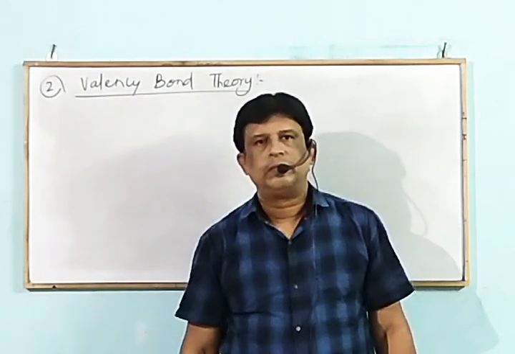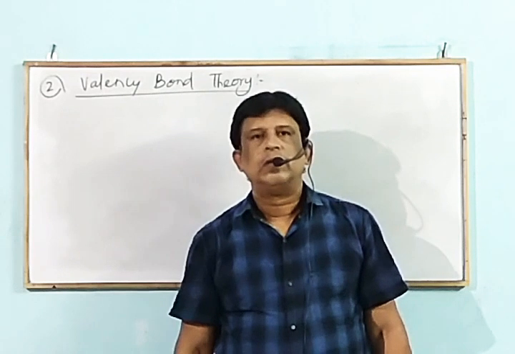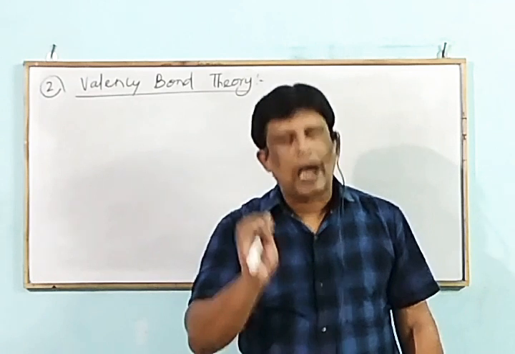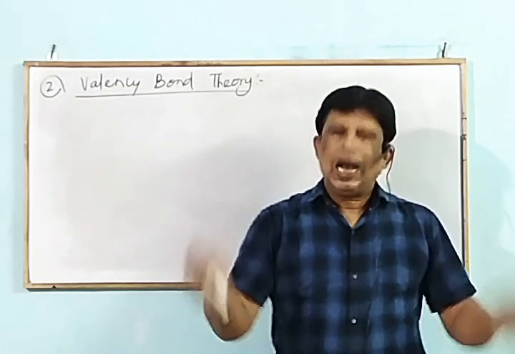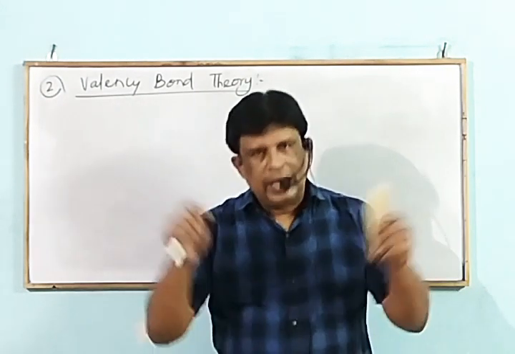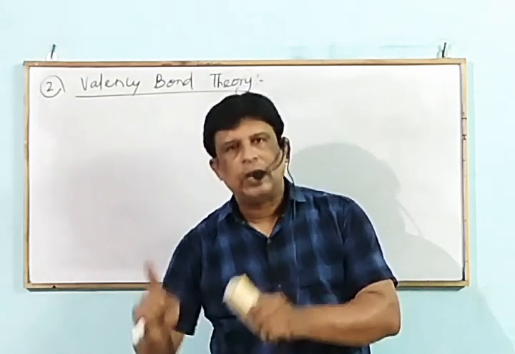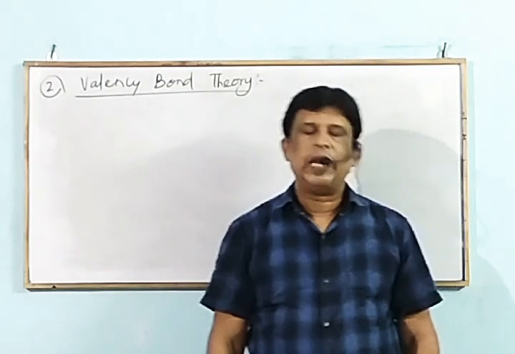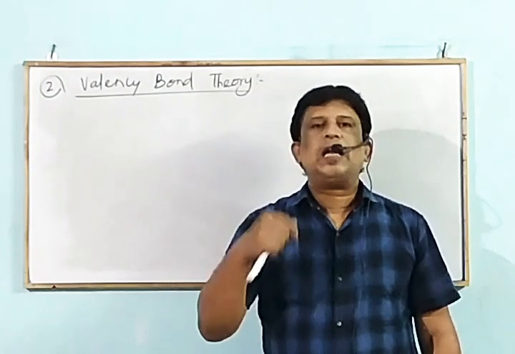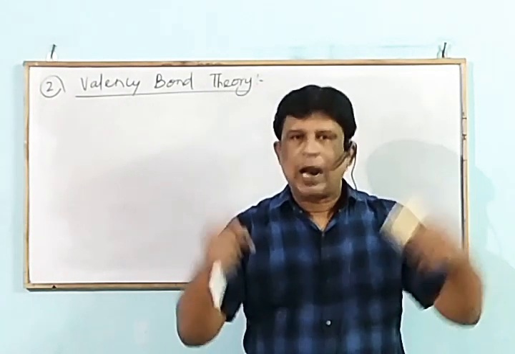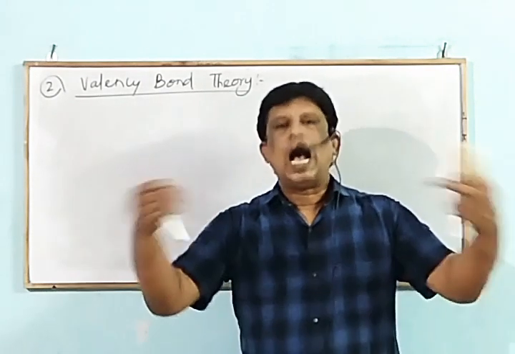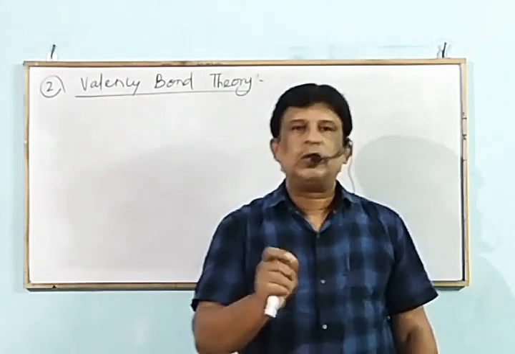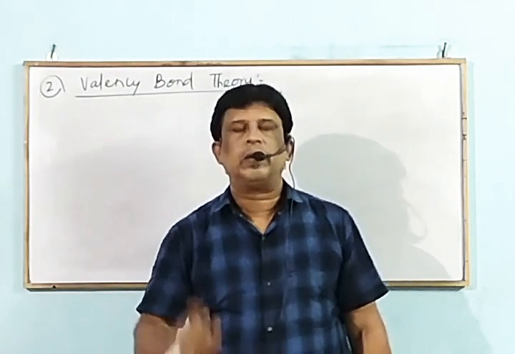Point 2. In a complex, every central metal atom or ion accommodates the electrons donated by the ligands equal to its coordination number. I repeat again. The central metal atom or ion has the capacity to accommodate ligand electrons equal to its coordination number.